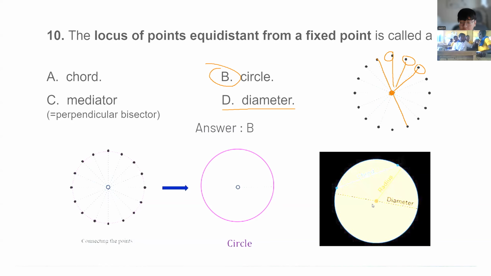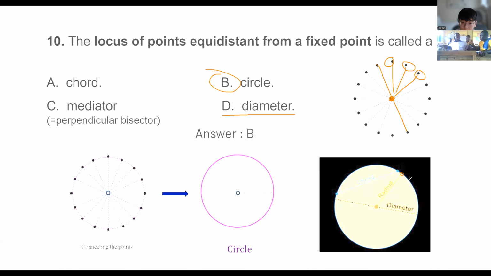And that equidistant line will be called the radius, from the center to the point on the circle. And the diameter that you said was locating one point of the circle to the other point by crossing the center. So those are some properties of a circle.